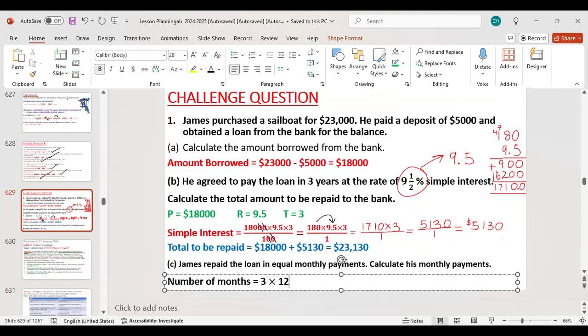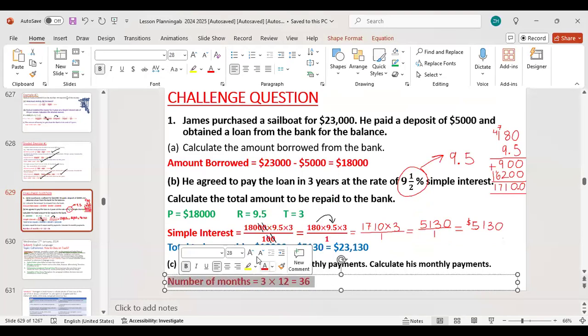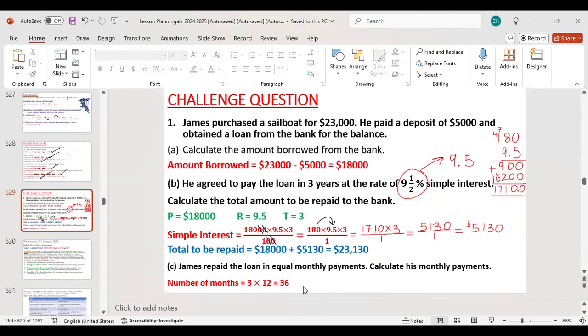How many weeks in a month? 4, sometimes 5. 4 on average. Very good. So the number of months in this question is going to be 36 months. Why 36 months? Because it's 3 years. You all understand that? Yes, sir.